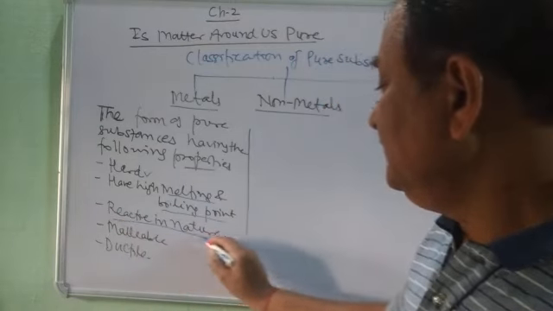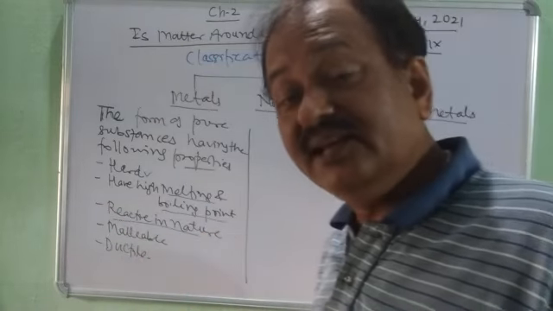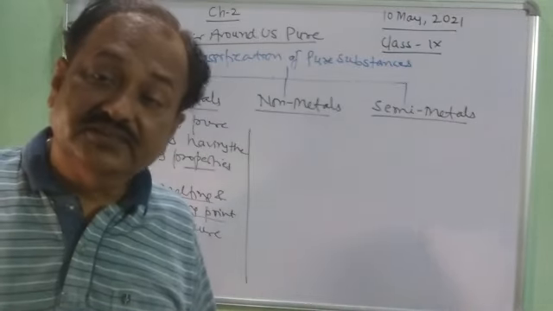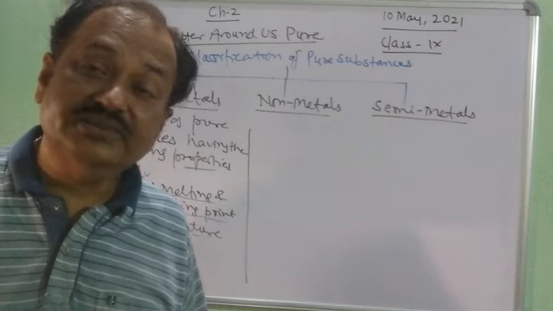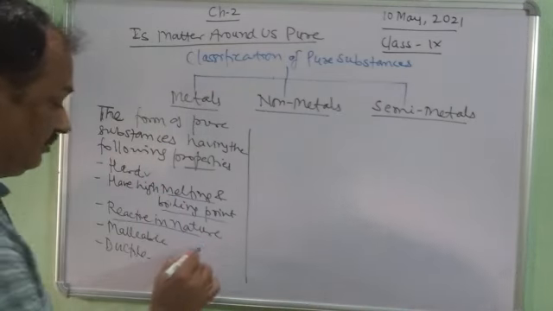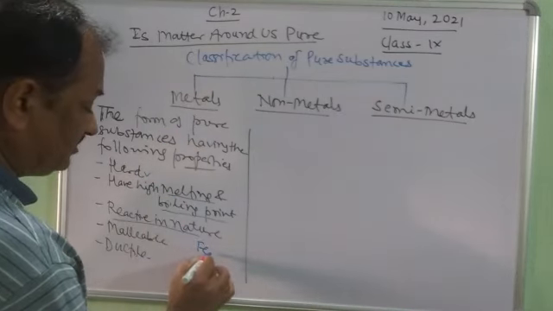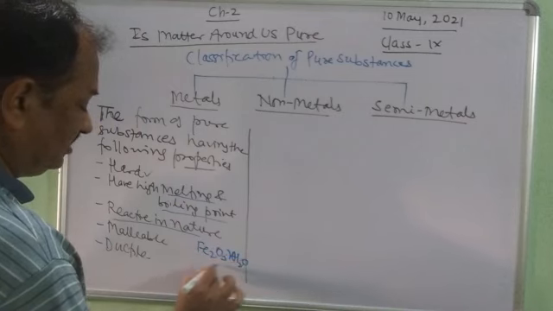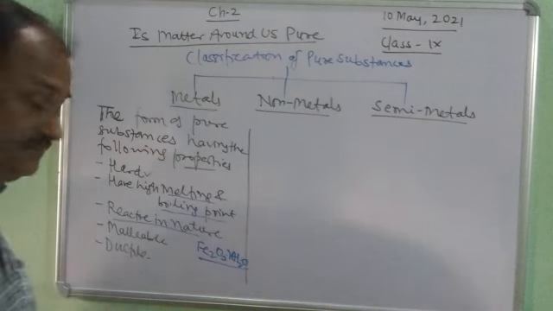Then metals are reactive in nature. You have seen the rusting of iron. Iron undergoes rusting, and so there is formation of iron oxide, rust, Fe2O3.xH2O. This is the formula of rust.